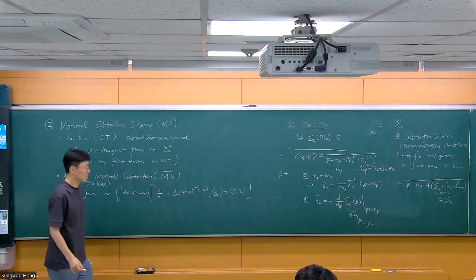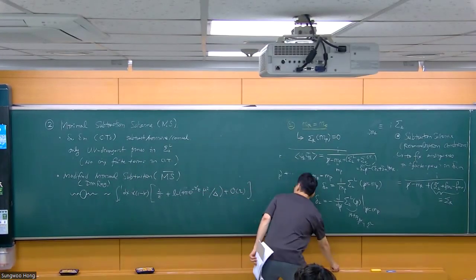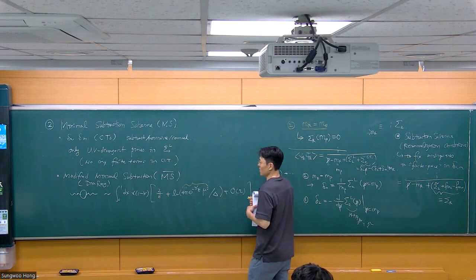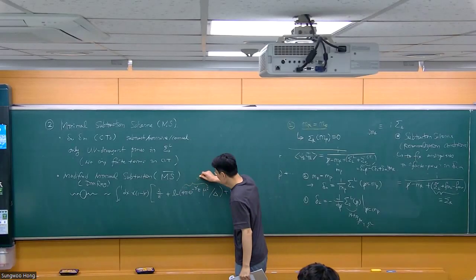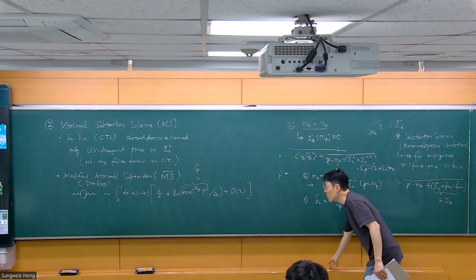Okay, so we computed this and you have seen this. And previously, I defined this combination because it almost always appears together. Whenever you compute things in dim reg, they appear ubiquitously together. So we just define these to be mu tilde squared at the same time.